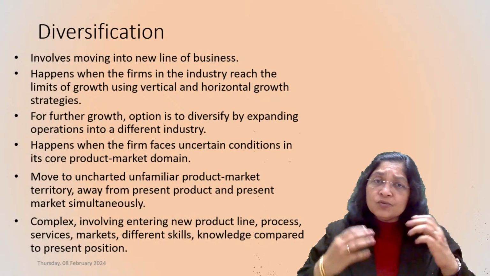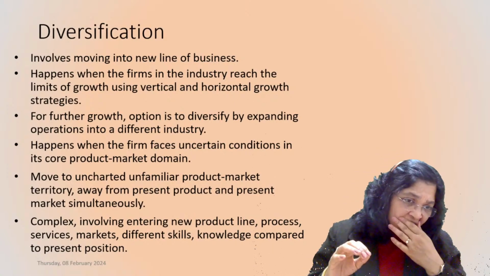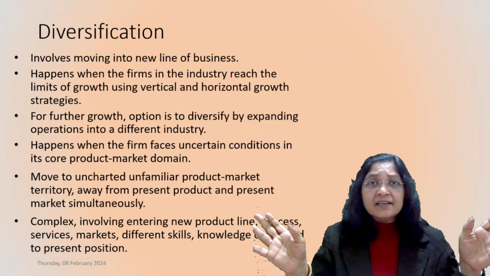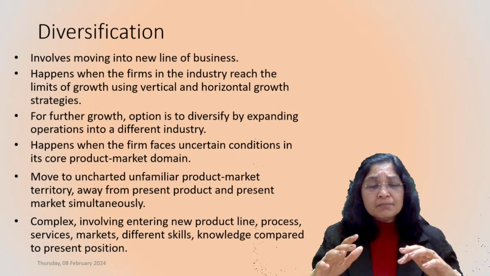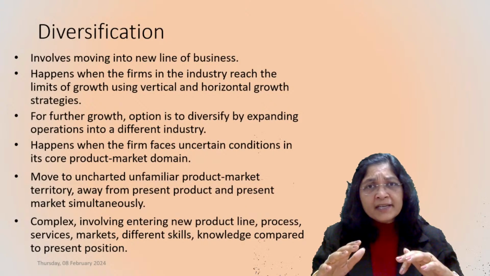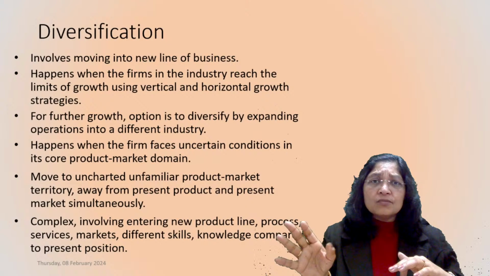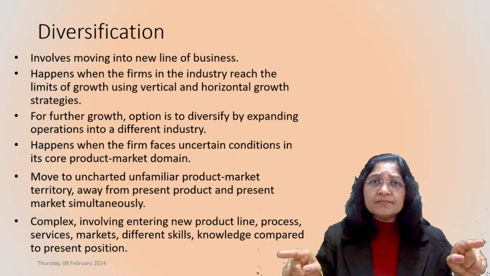It has used both vertical growth, that is, it has, let's say, either taken over the other companies in the industry, or it has already had certain amount of vertical integration with various other companies which are in the chain.